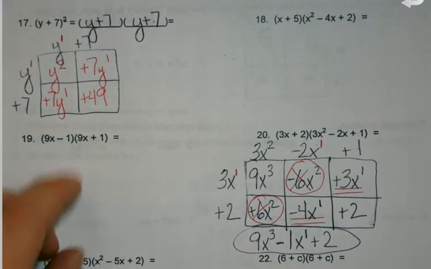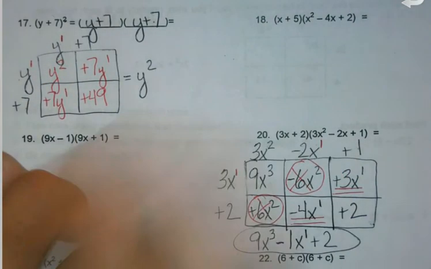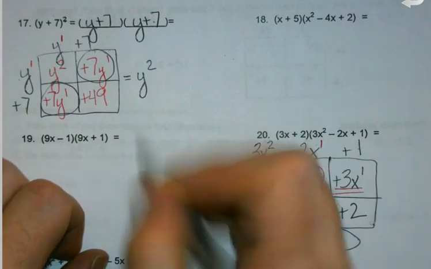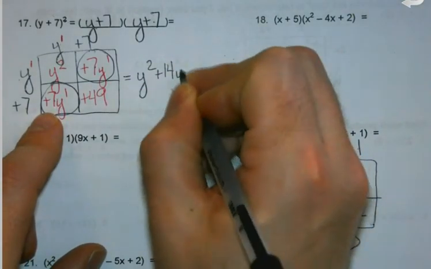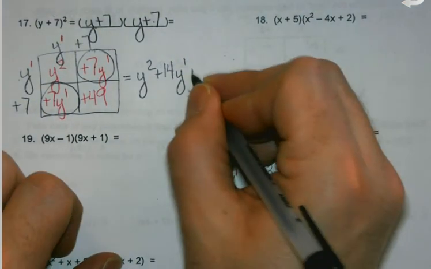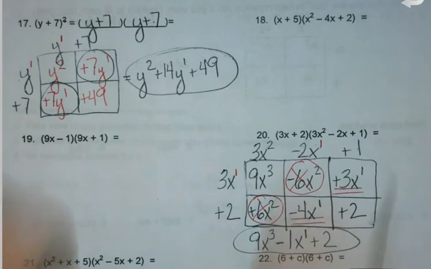And again, if you always start in the upper left-hand corner, 7 plus another 7 is 14. Still y to the first, though. And then the 49's at the end. Organizes everything in just a beautiful order for me. It's great.